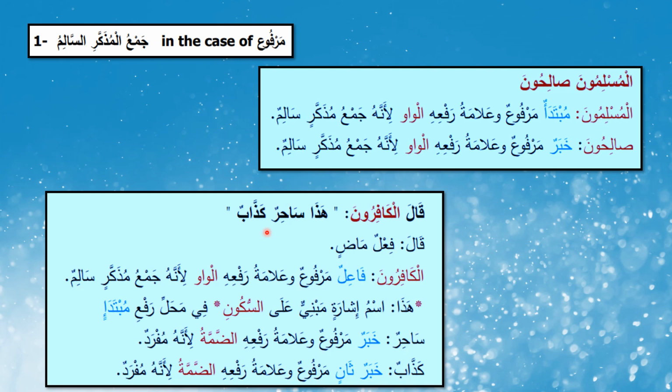So here two pieces of information are coming about a person. That's why there are two khabars here. خبر ثان مرفوع والعلامة رفعه الضمة لأنه مفرد. You need to give your answer and show the proof that it's mufrad because it has a dhamma.